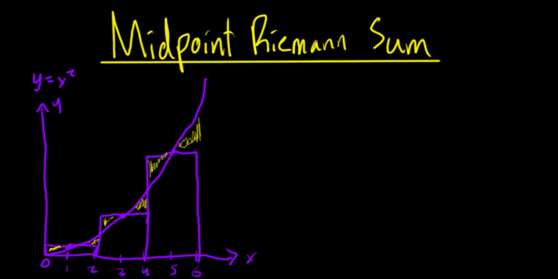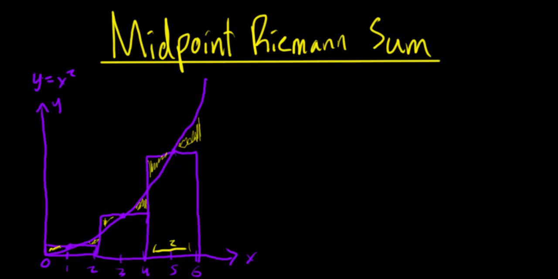Now, these are not going to perfectly cancel each other out, hence why this is still an approximation and not an exact answer. But you can see why this might be a viable option for approximating the area under a curve.